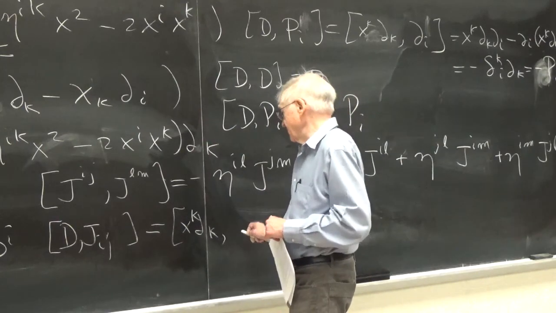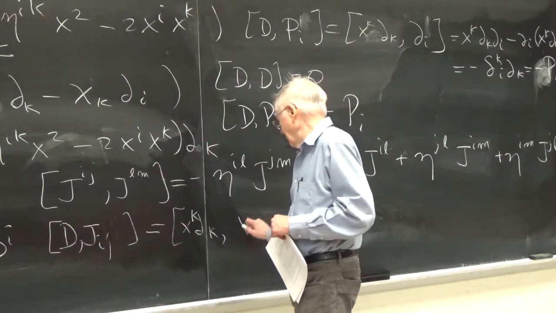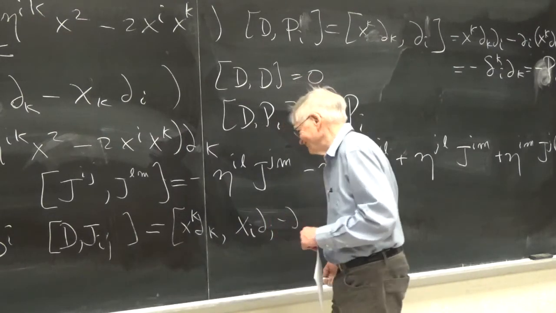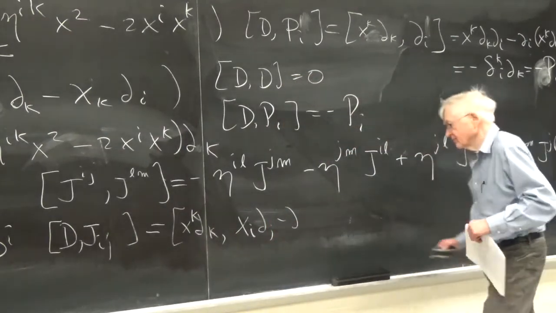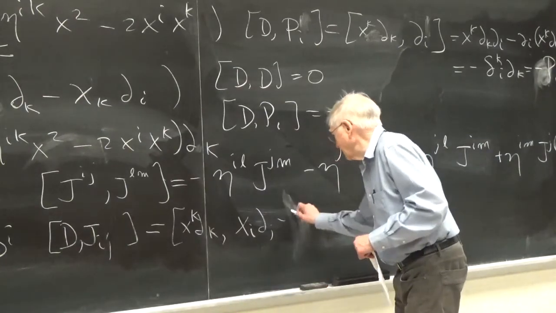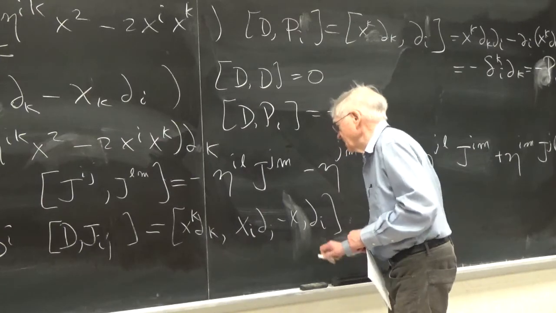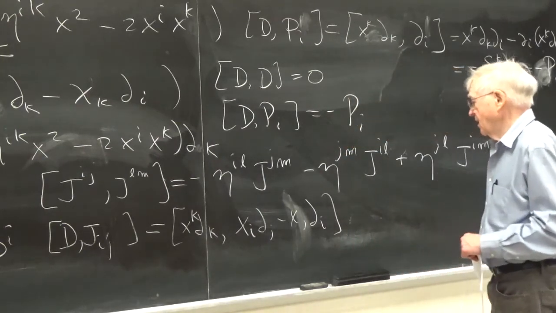So this will be x_i d_j minus x_j d_i. So that commutator.